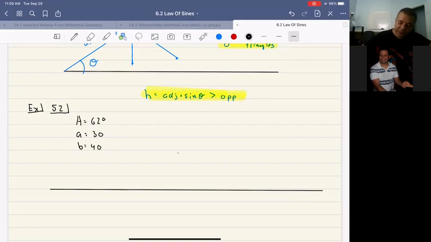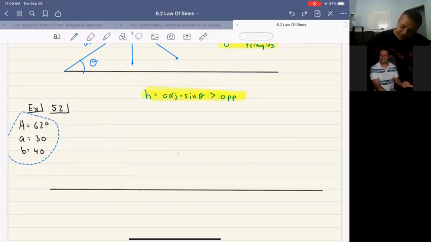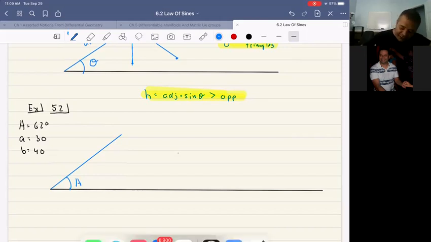Draw a side here, move this information over, and put my angle here, A equals 62 degrees. b here is 40.